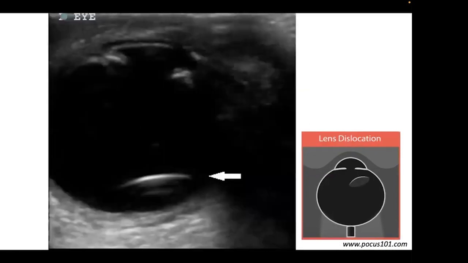And then lens dislocation is also something that we can pick up, and may be seen in cases of acute trauma. This is when the lens dislocates from the iris. Normally you should see the lens posterior to the iris. In this example, you can see the lens has detached and is now posterior within the eye.